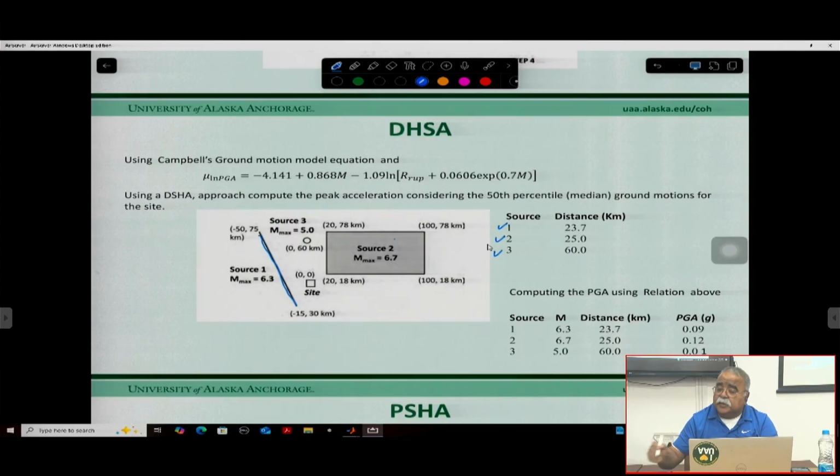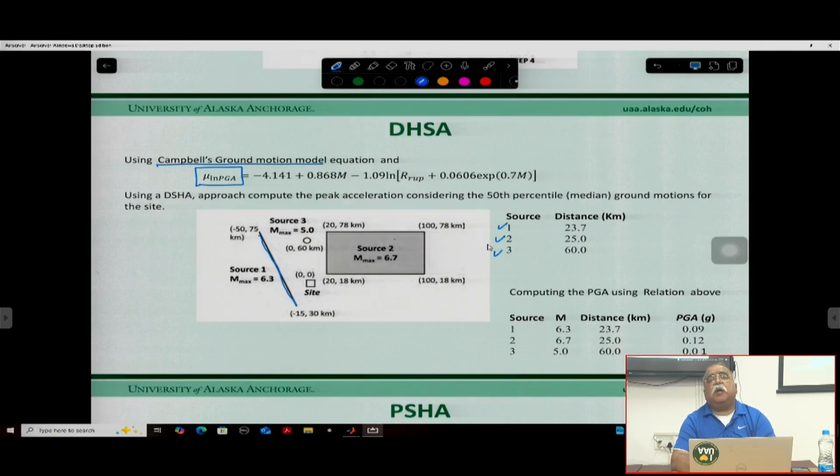I use a ground motion model equation which gives mu, the mean value of log-normal PGA, the peak ground acceleration. This is one ground motion prediction equation, called Campbell's.